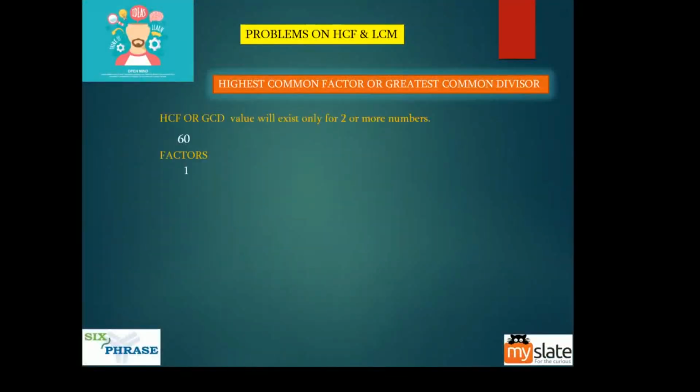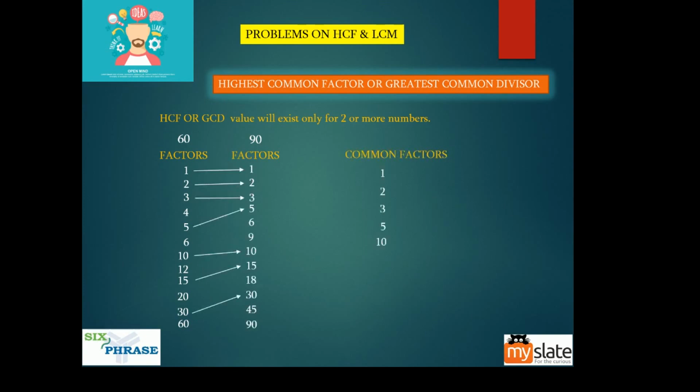Yes, 60 and 90 have many factors, but we had a few common factors, and among these common factors the largest was 30, so we said the largest common factor or highest common factor is 30.